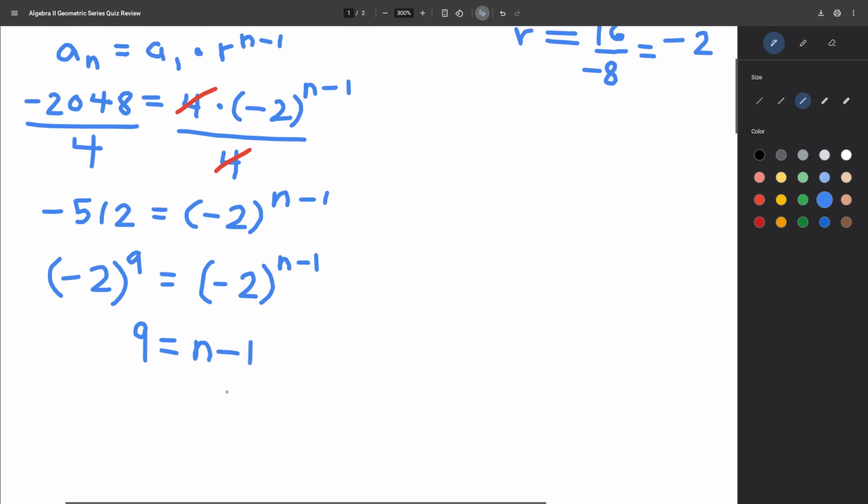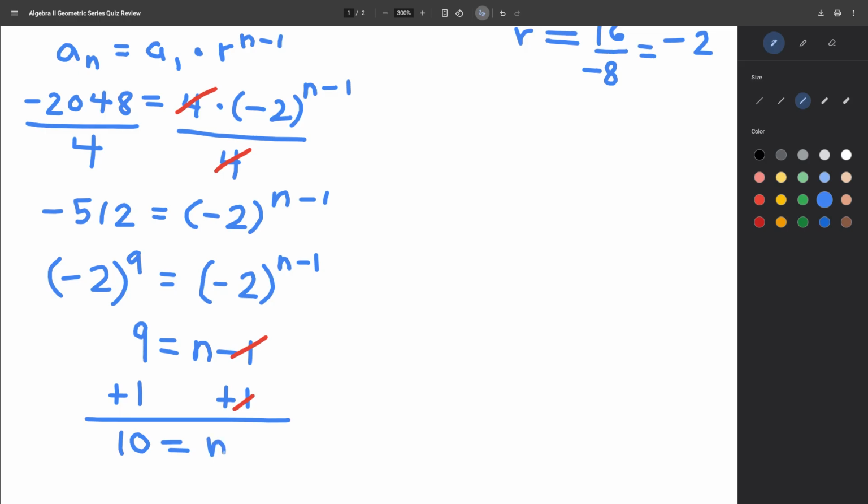All right, so what I'm going to do here is add 1 to both sides. These will cancel out. And so 9 plus 1 is 10. That equals n.